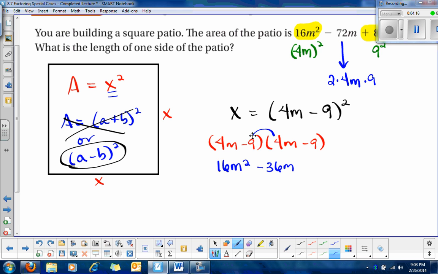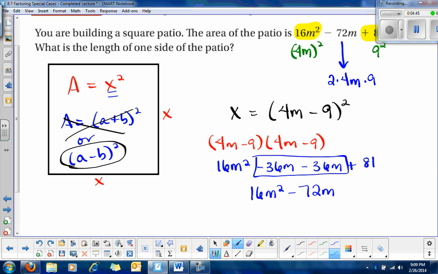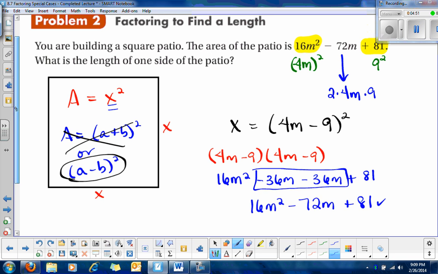Our inner is negative 9 times 4m, so that's going to give me another negative 36m. And then our last, negative 9 times negative 9, gives me a positive 81. When I simplify and put my like terms together, I'm going to get 16m squared minus 72m plus 81, and that is what we started out with.